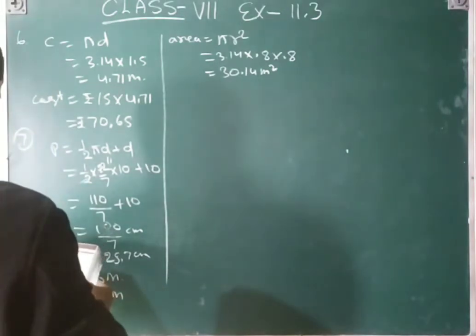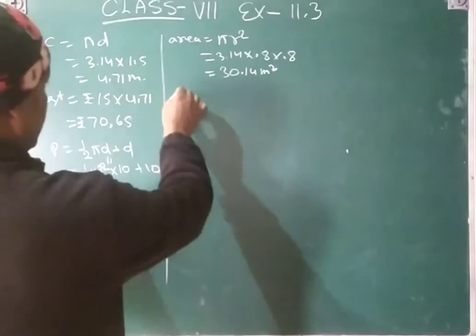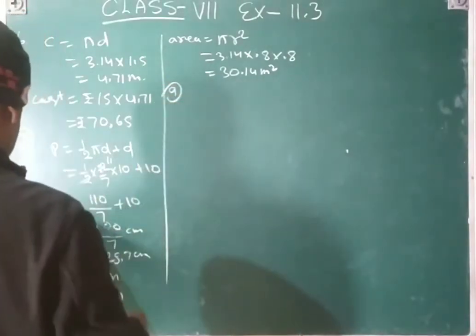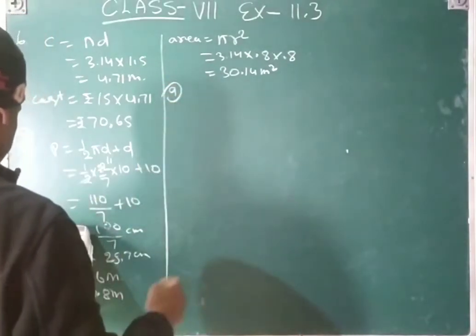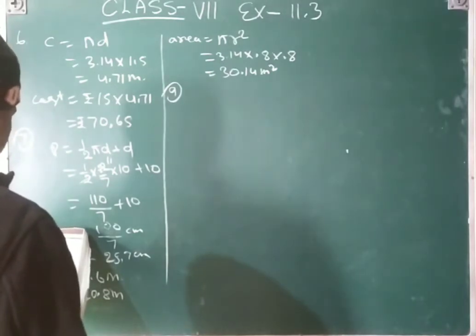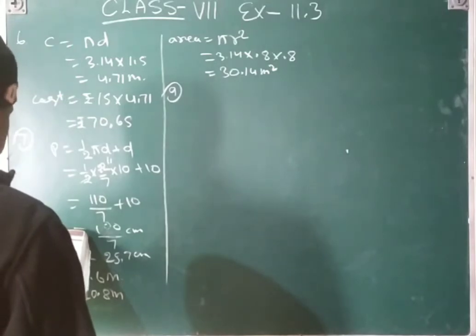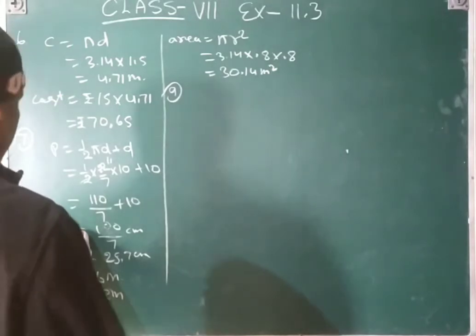Ninth question. Sajli took a wire of length 44 centimeter. The wire is 44 centimeter, which means this is the perimeter or circumference. Both are the same thing, perimeter or circumference, and bends it into the shape of a circle. Find the radius of that circle.